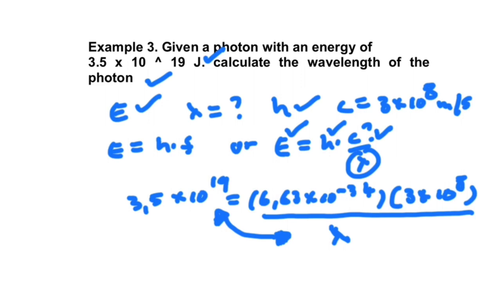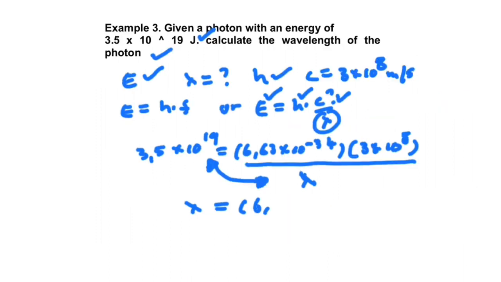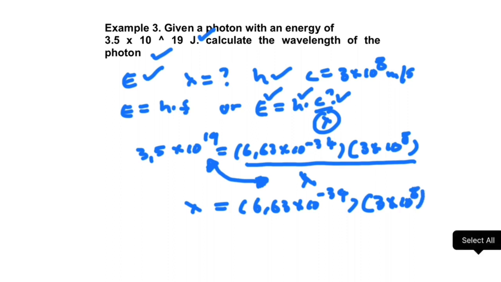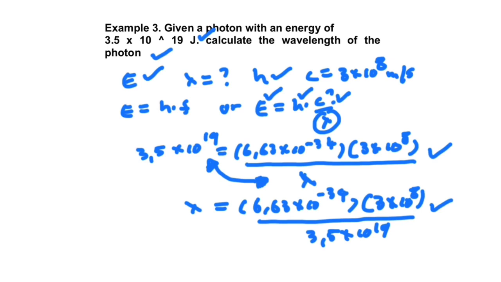So the wavelength is equal to 6.63 times 10 to the minus 34 multiplied by 3 times 10 to the power 8, everything divided by 3.5 times 10 to the power 19. So this is what I'm proposing. Instead of cross multiplying first and dividing both sides, just go from this step to this step. You are not going to lose any mark.